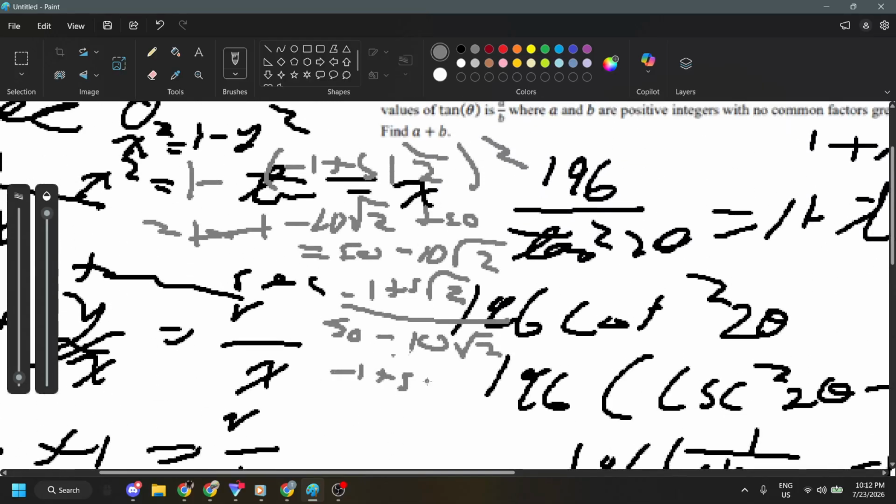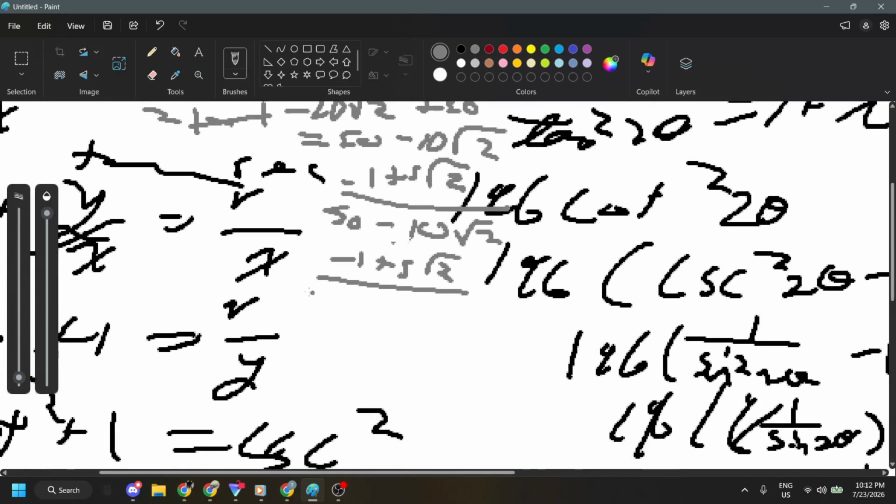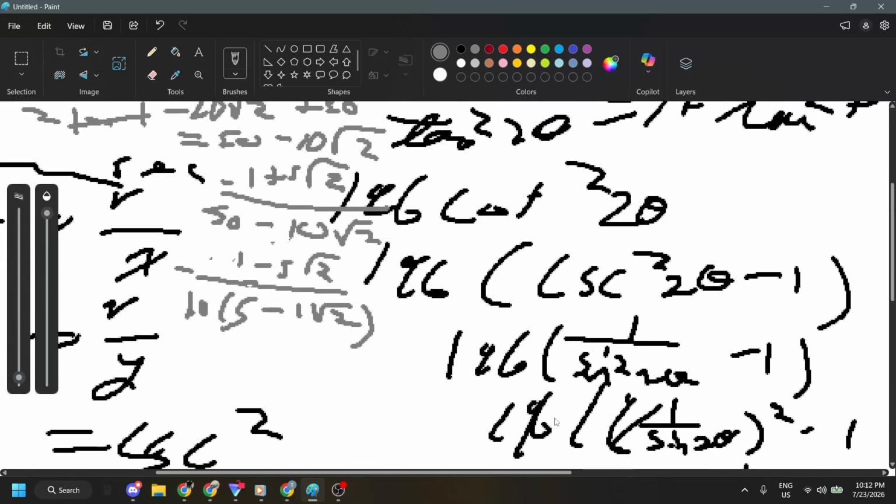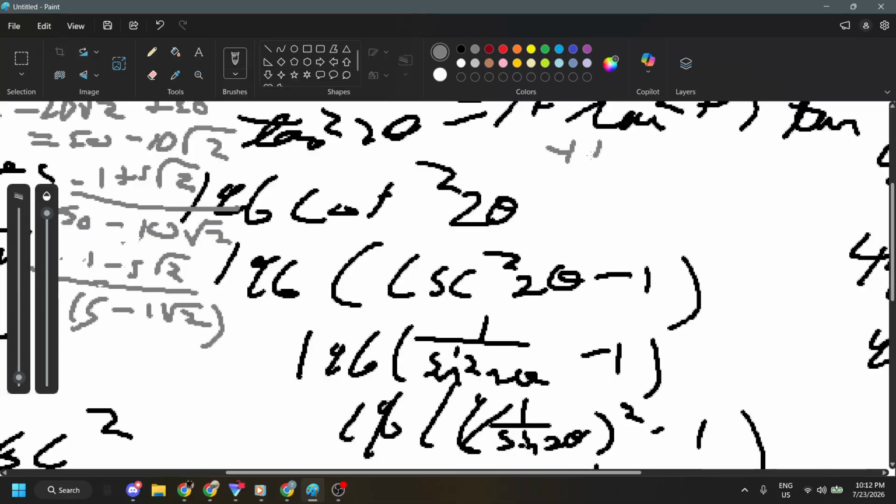This is negative 1 plus 5 root 2 over 10 times 5 minus 1 root 2. Complex conjugate time, I think. Negative 1 plus 5 root 2 over 50 minus 10 root 2 times 50 plus 10 root 2.